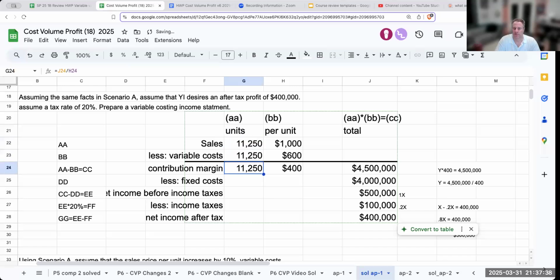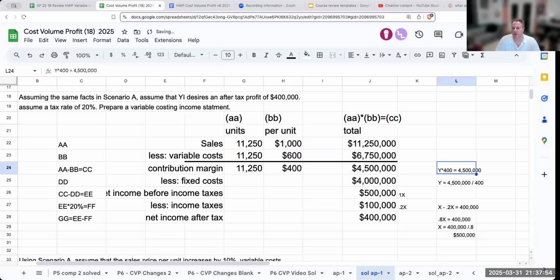If I have a contribution margin for 11,250 units, I must have sold 11,250 units and I have variable costs for 11,250 units. This is how I check my work, and it works out. You can go through and figure out how many units need to be sold to achieve that after-tax profit.